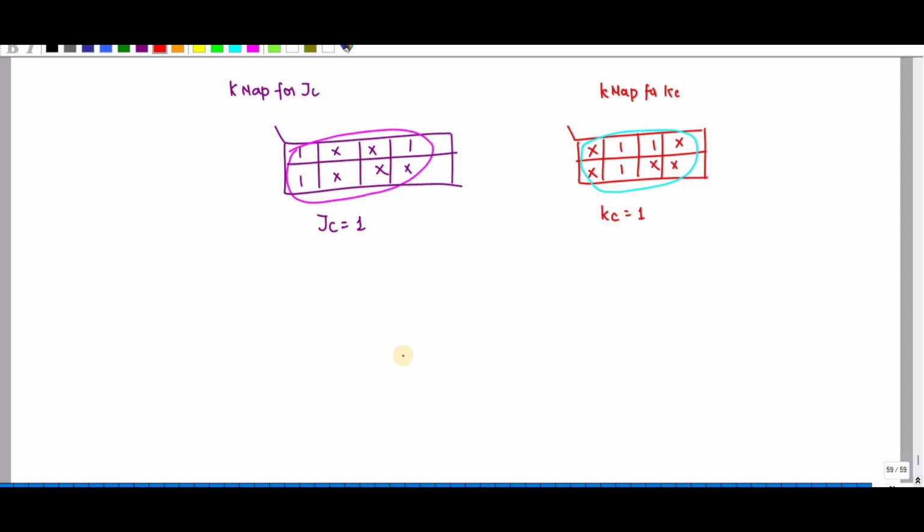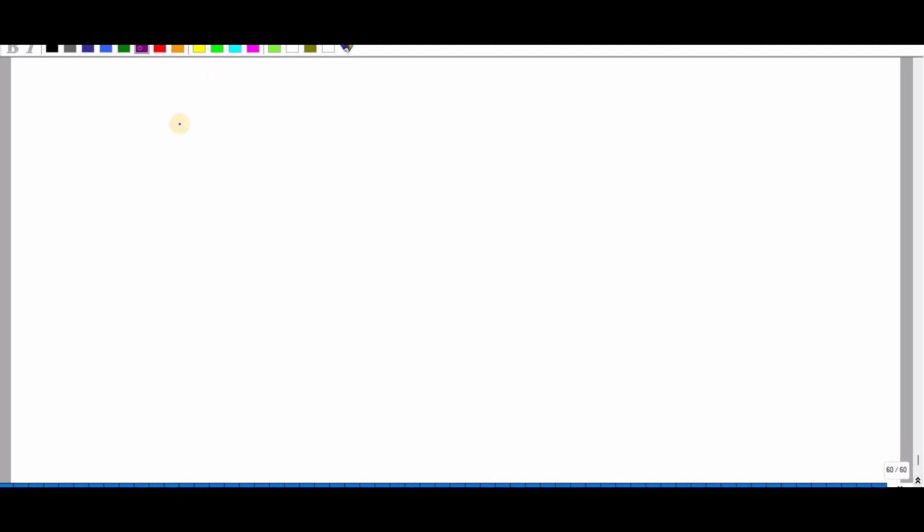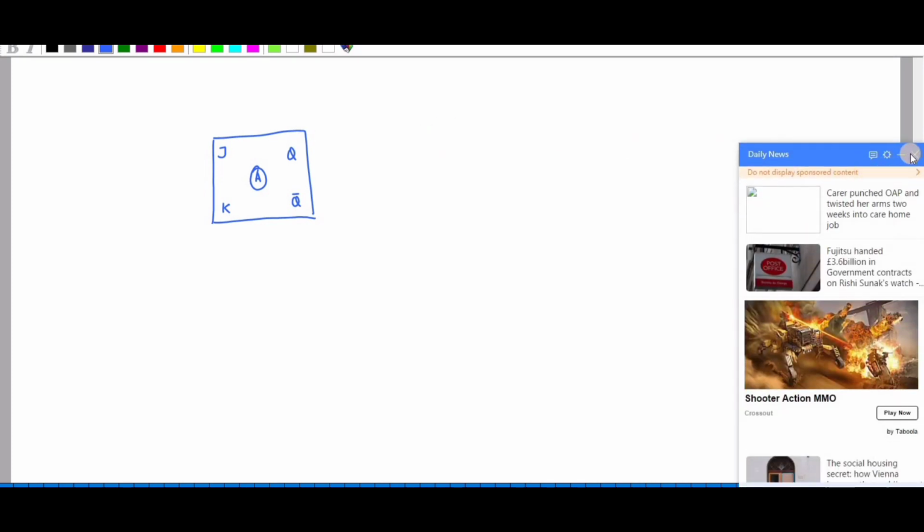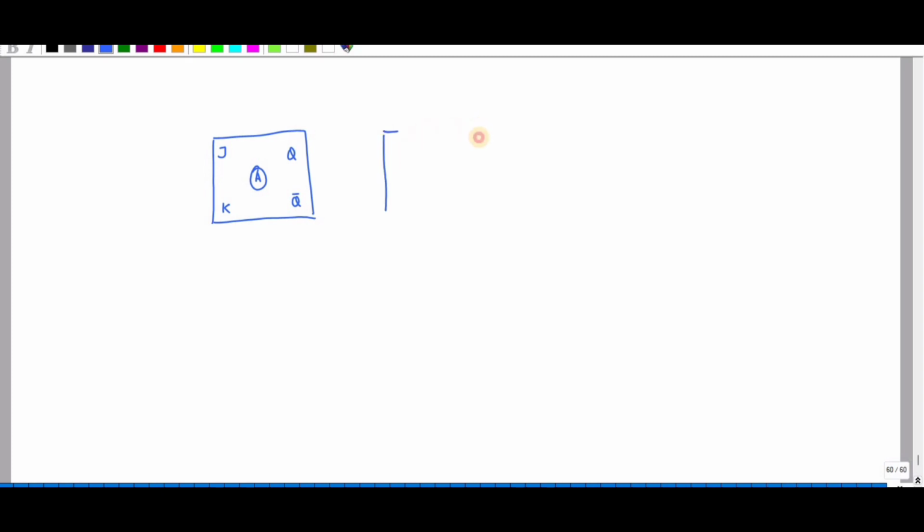So now you substitute all these values. So you draw JK flip flops. Since it is a, so this is A flip flop and this is B flip flop, and this is C. So you know the value of J and K for C, right?